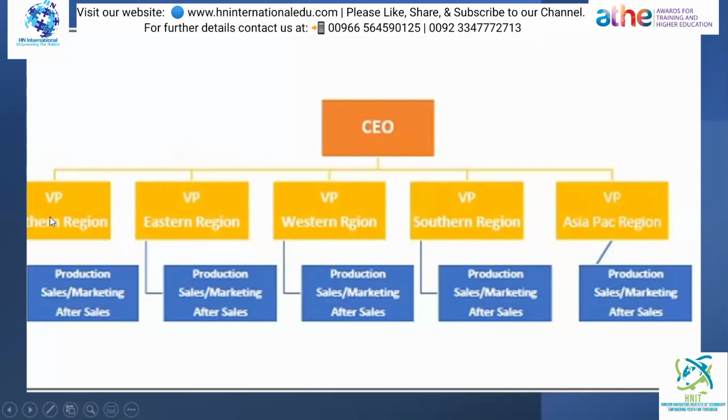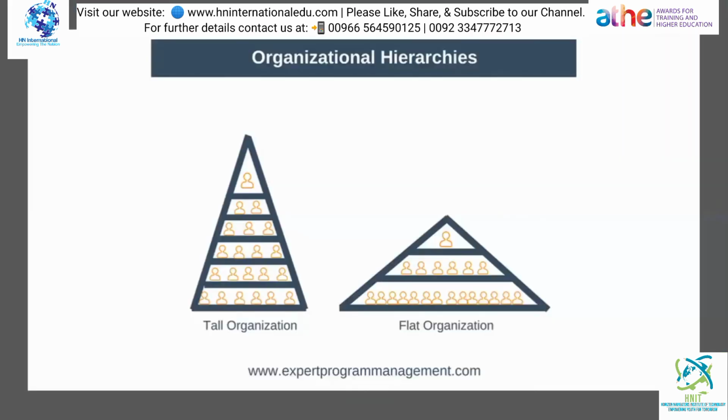Then we have proper teams, and production, sales, marketing, after sales are all the same. This is how regional organizational structures work, and they are aligned underneath one CEO.